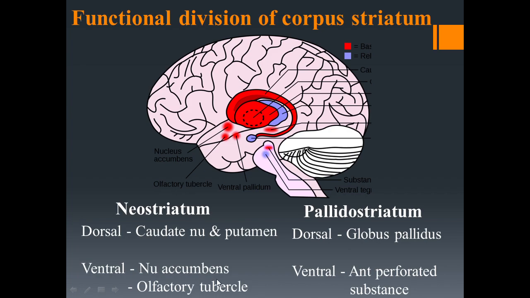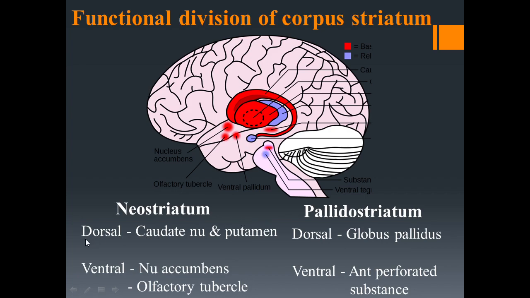So this nucleus accumbens, olfactory tubercle, anterior perforated substance, these are very small nuclei which are situated anterior inferior to the caudate nucleus. So functionally the corpus striatum is divided into neostriatum and pallidostriatum.